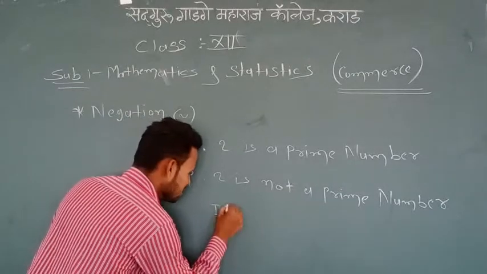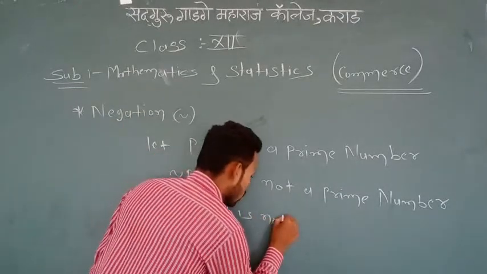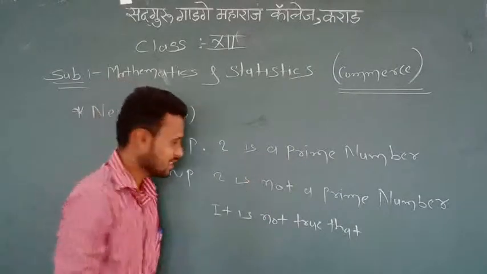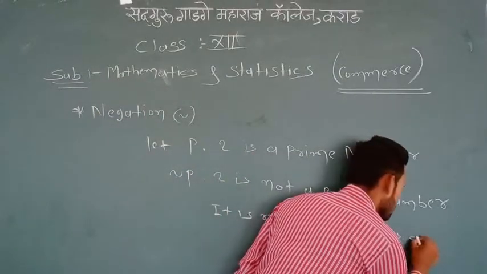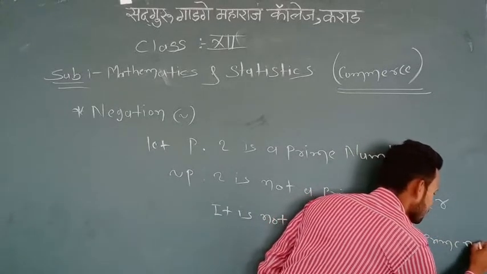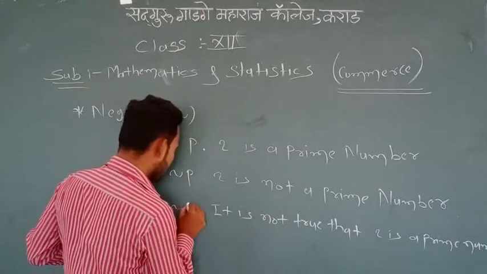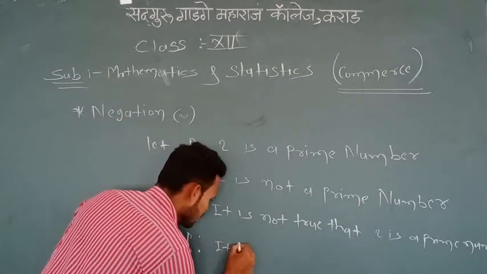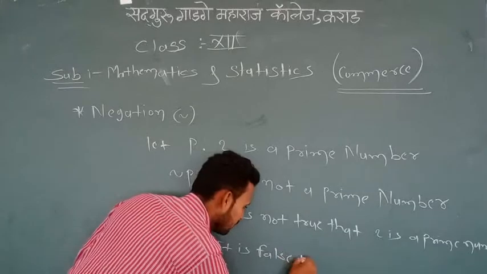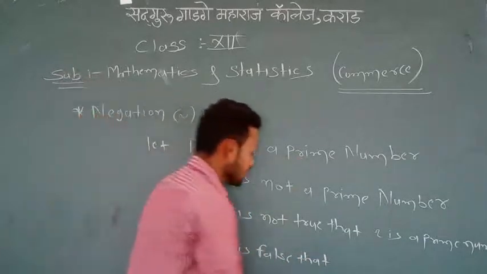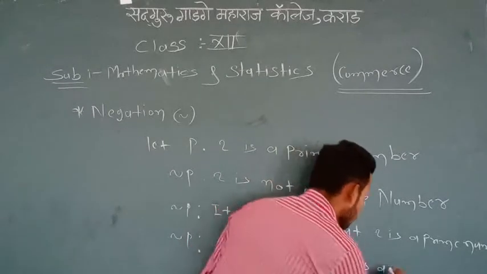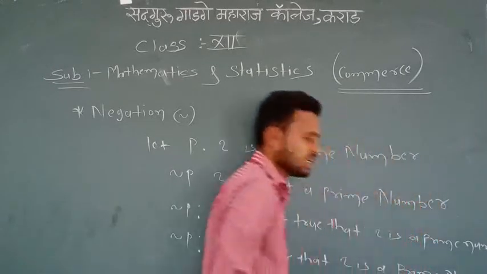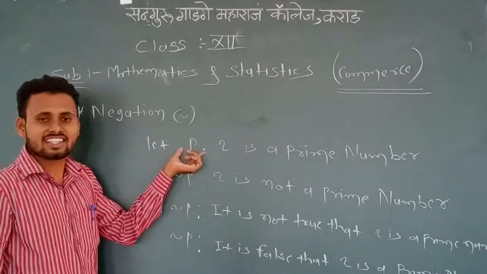Or if I say it is not true that 2 is a prime number, this is also negation of P. Similarly, it is false that 2 is a prime number. These three are the negation of that statement.